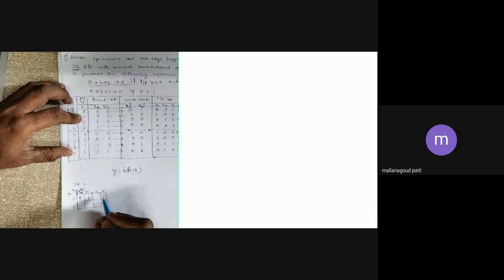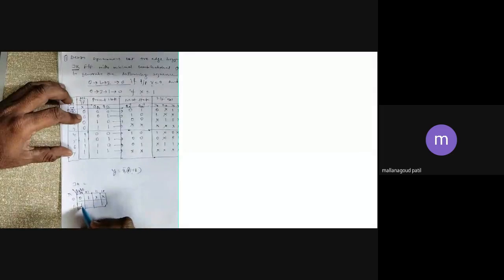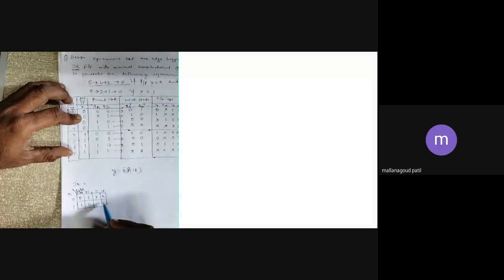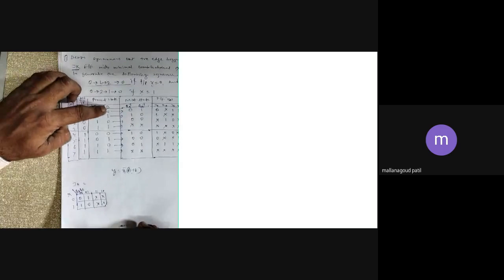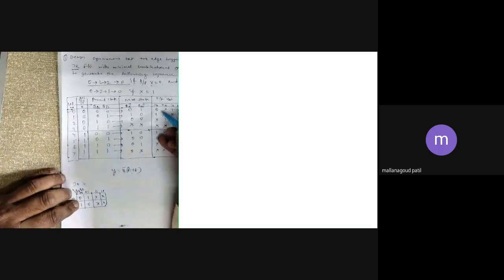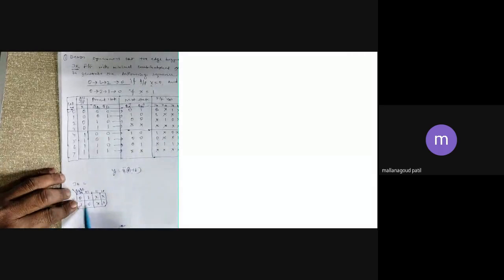Next, you have a don't care. 0, 1, don't care, don't care. 1. Next, you have a 0, and you have a don't care. It is in a sequence. Therefore, I am supposed to enter 0, 1, X, X, 0, 1, X, X, 1, 0, X, X, 1, 0, X, X.